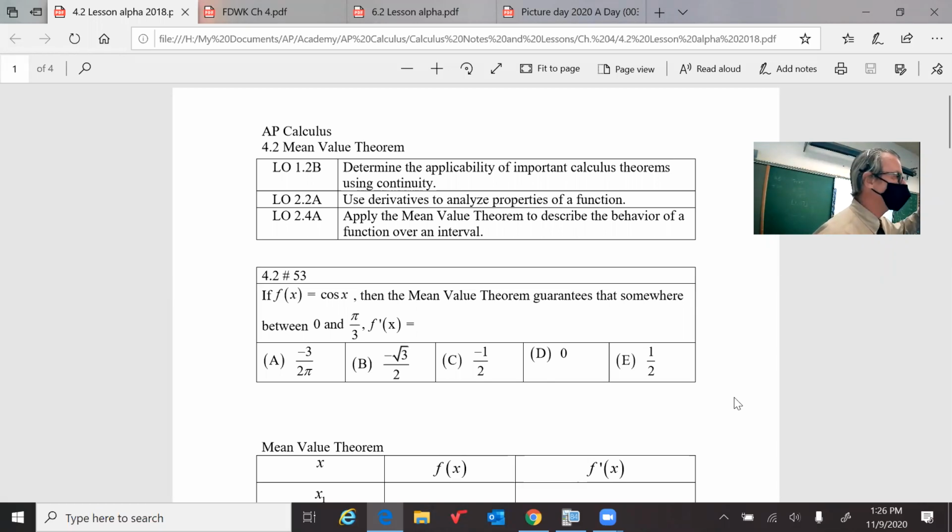Yes? What else is out? E's out. Why? Thank you, Emma, because E's positive. So you could do this and say, well, at least I can narrow it down. If you can narrow it down by 2 answers, there's only 3 to choose from. Of A, B, and C, which answer is correct? A.